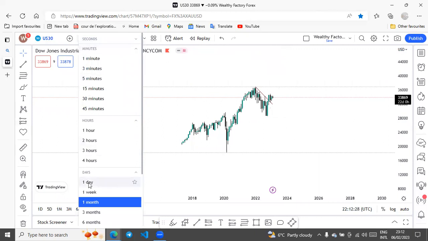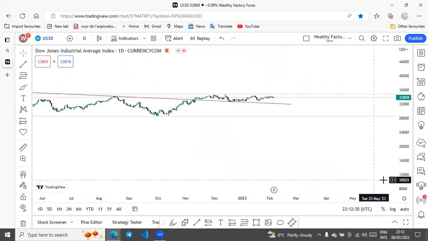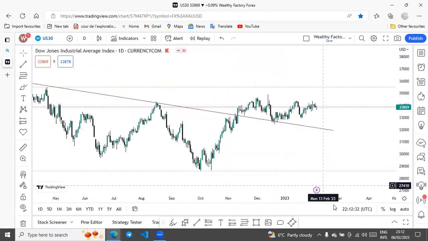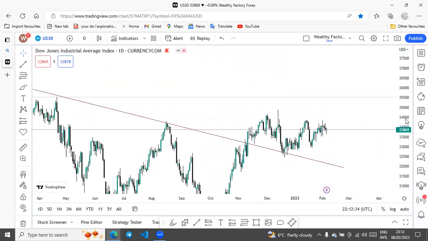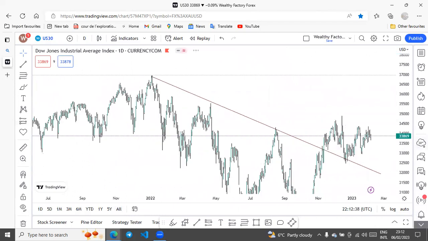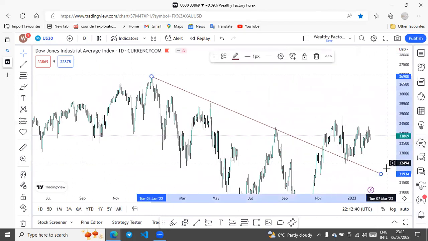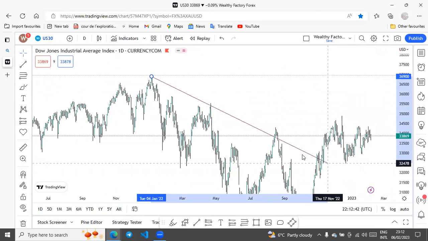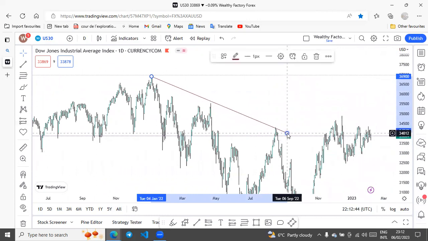So now let's go to the daily time frame. This is US 30. I'm going to draw this trend line like this from here all the way up to here.